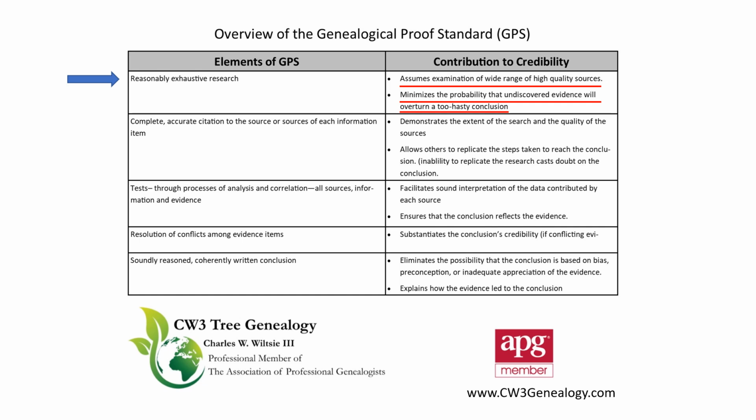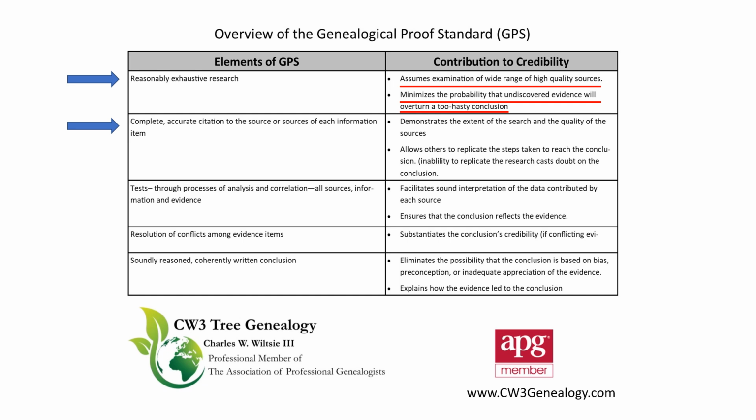Well, that would be a problem, wouldn't it? Because the probability that a person in 1850, pregnant today, would give birth in France tomorrow is unlikely. So there's a problem with that source. In the 21st century, it is possible. You could fly from Colorado to France and give birth tomorrow in France. So it minimizes the probability that undiscovered evidence will overturn a too hasty conclusion.